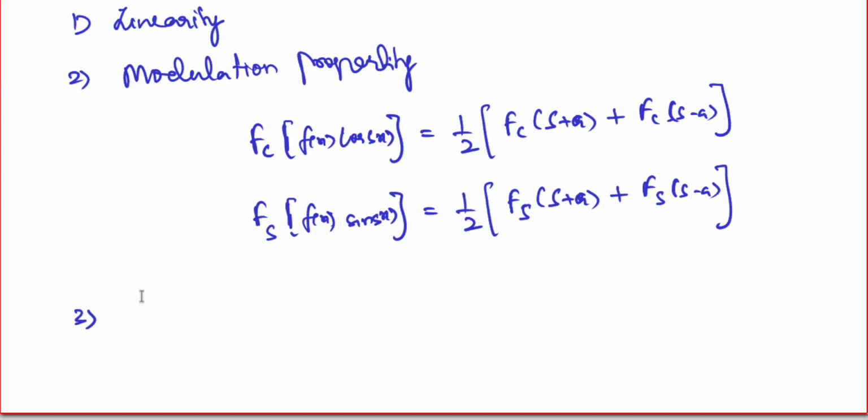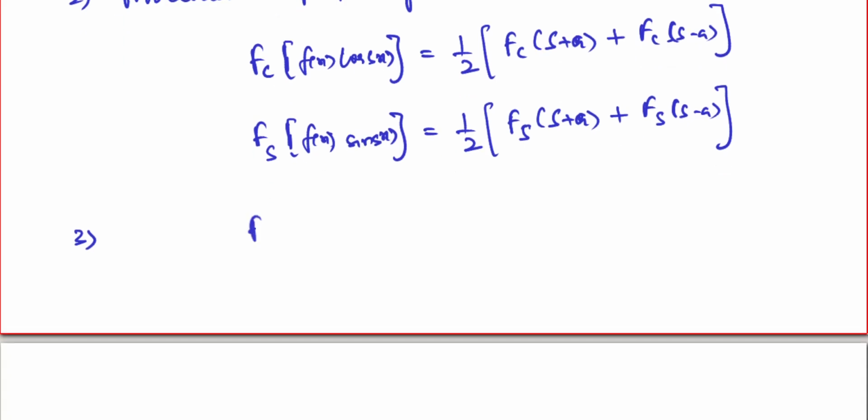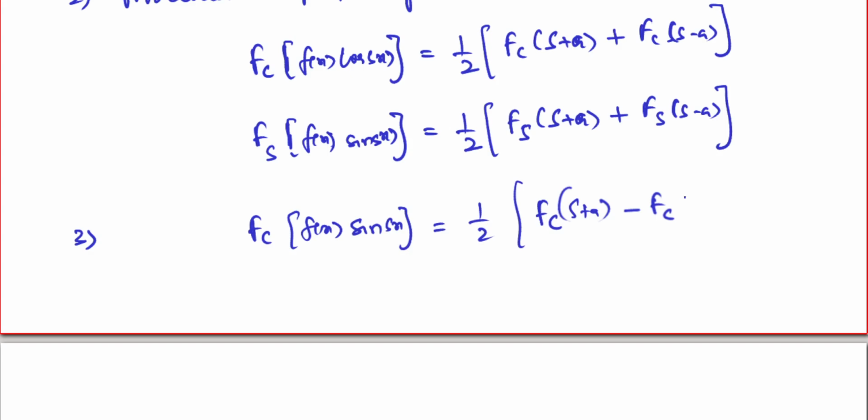There are two more properties that I can write in this as well. The Fourier cosine of f of x into cos ax is equal to this, and similarly we can write the Fourier cosine of f of x into sin ax, which is the same thing but with a minus: 1 by 2 times Fc of s plus a minus Fc of s minus a.